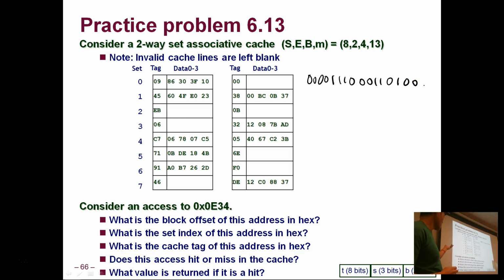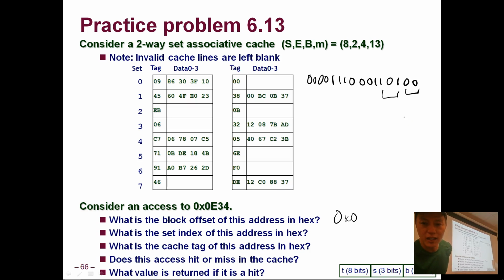And then if you look, the least significant 2 bits is the block offset, so 0x0. Set index is the next 3 bits, so 101. So the set index is 5.